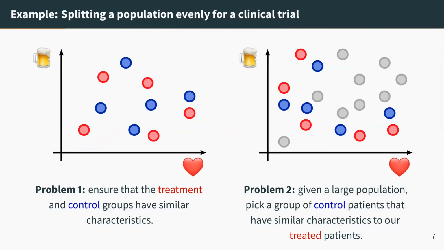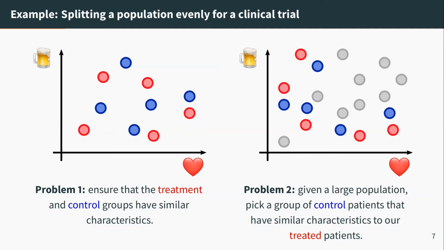So given 2,000 patients, we're going to split this population into a set of patients who are going to get the treatment, here in red, and a set of patients who are going to get a placebo, or who are going to get the same treatment as everyone else in the hospital. We call that the control group.